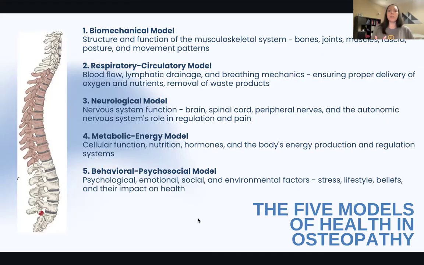So cellular function, nutrition, hormones, and the body's energy production and regulation systems. Now, if we were a physician, of course, we would have the opportunity to introduce whatever medications, whatever medical aspect of that, or if you're a naturopath, this is where it blends with the interdisciplinary model, because in a scope of practice, the Canadian osteopathic therapist cannot make specific recommendations for nutritional supplements or hormones or that kind of thing.